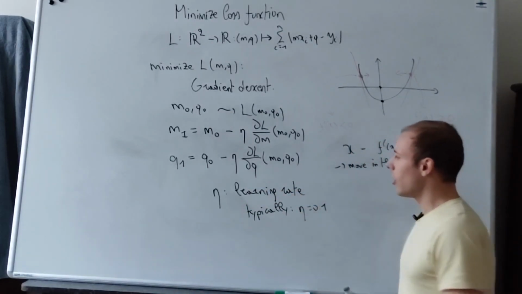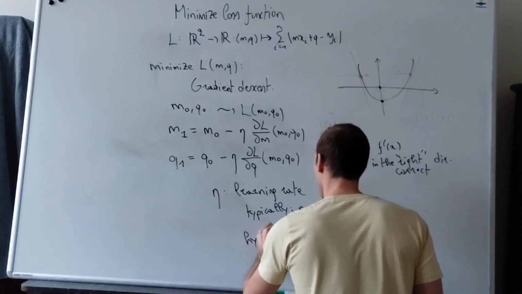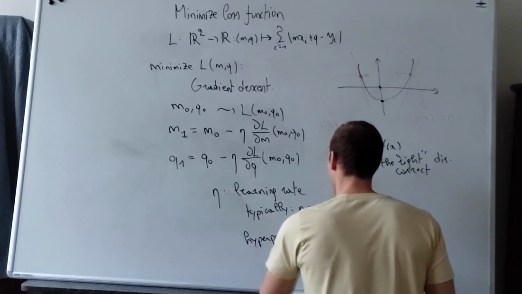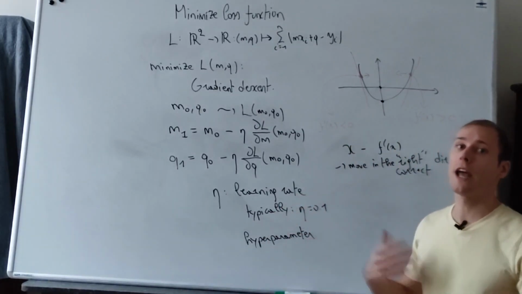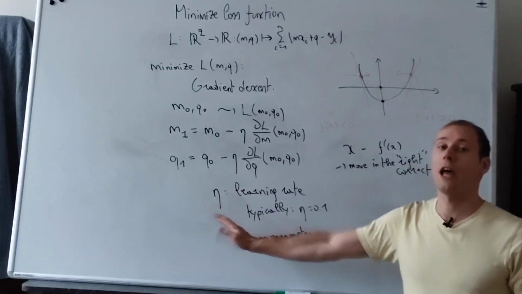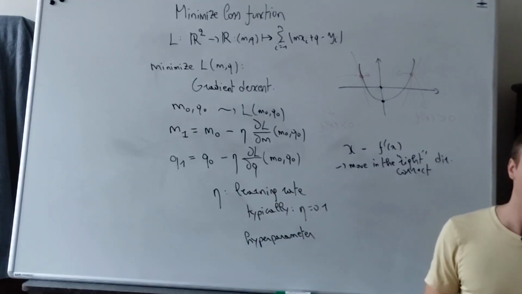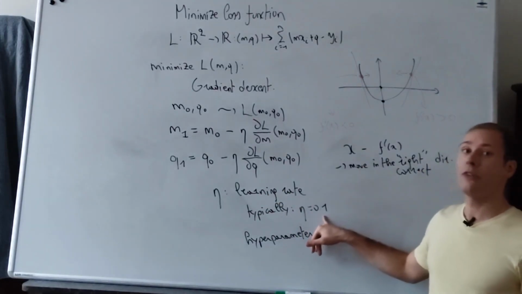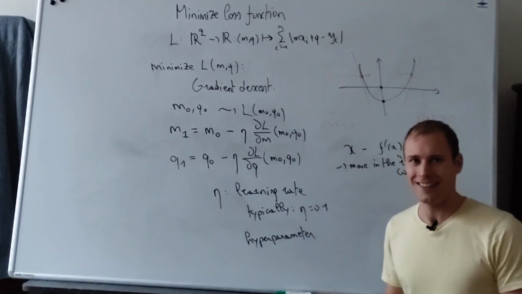But this is what we call a hyperparameter of a machine learning model, and this is often something one has to experiment with. One tries different values of eta, because sometimes using too high a learning rate will overshoot, or picking too small a one, it takes a lot of time and maybe there's not enough training data.